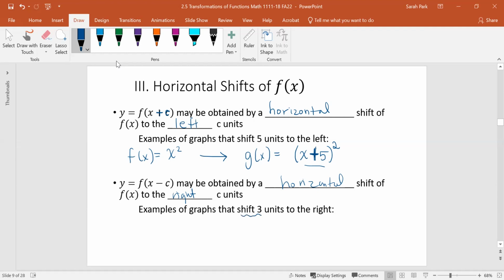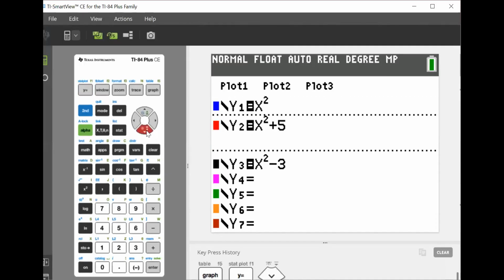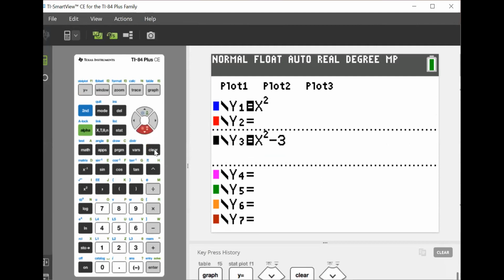Okay, let's do an example of a graph where it would shift 3 units to the right. Again, taking the original function f of x equals x squared, to make that go right 3 units, we would have x minus 3 in parentheses, squared. Let's switch over to the graphing calculator and compare these. I'll keep our original x squared, the basic function, and erase these two.